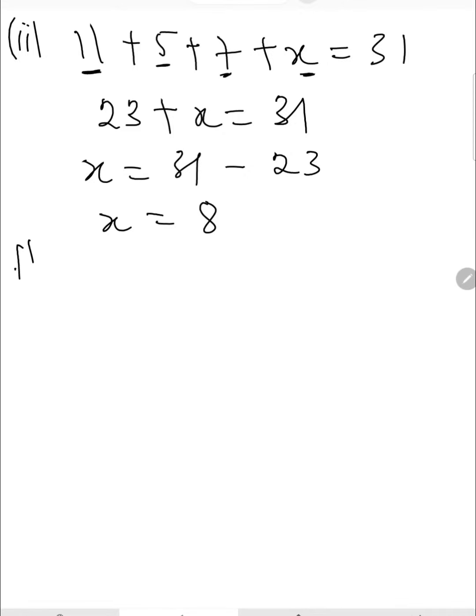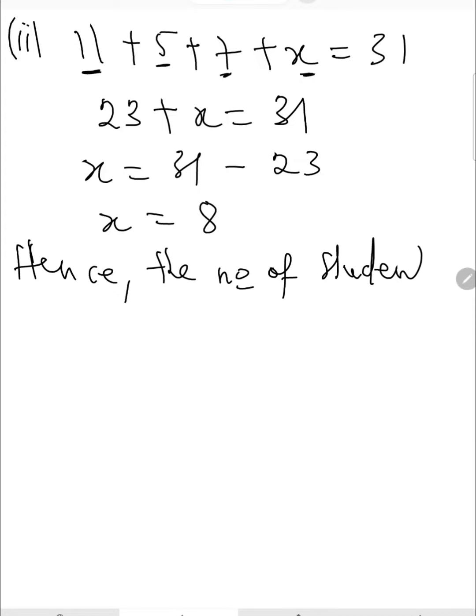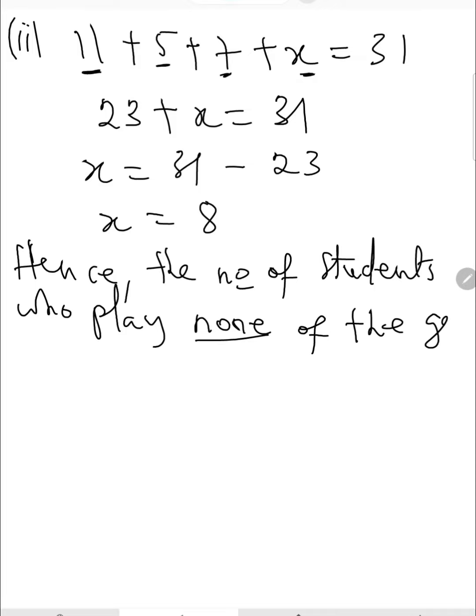So you write: hence the number of students who play none of the games are 8. So the number of students who play none of the games are 8.